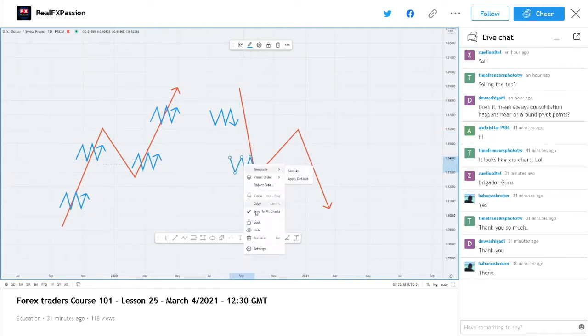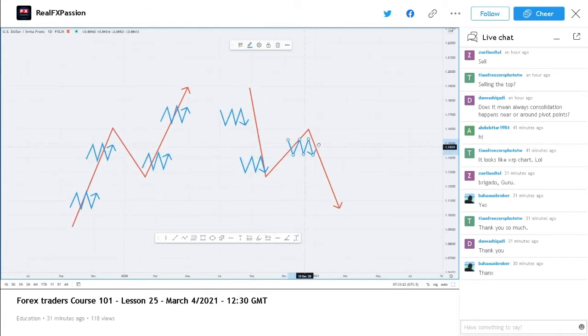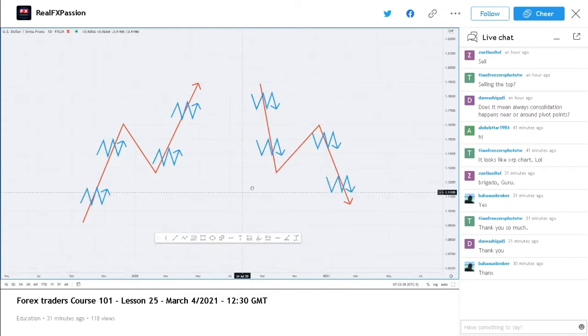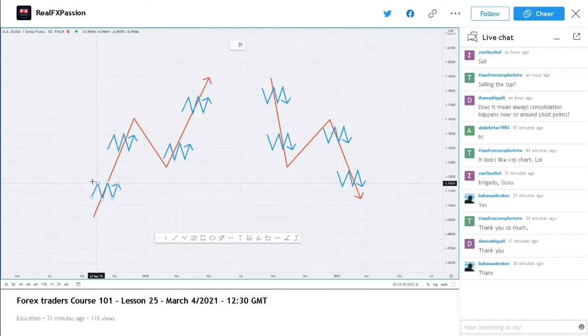Or it may be somewhere like this, and those are different levels, right? So this would be consolidation, and this would be the upper band and the lower band.